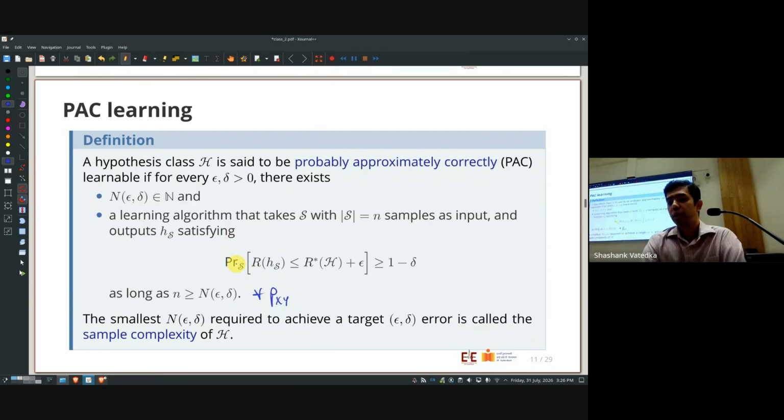So the hypothesis class is PAC learnable if you can achieve this using finitely many samples for every epsilon and delta. So if somebody gives you any target epsilon and delta, you have to tell me what is the minimum number of samples you require in order to get that epsilon delta error, and there is some bound on n of epsilon comma delta. If you cannot achieve an epsilon delta error using any finite number of samples, then we say that that particular hypothesis class is not PAC learnable.